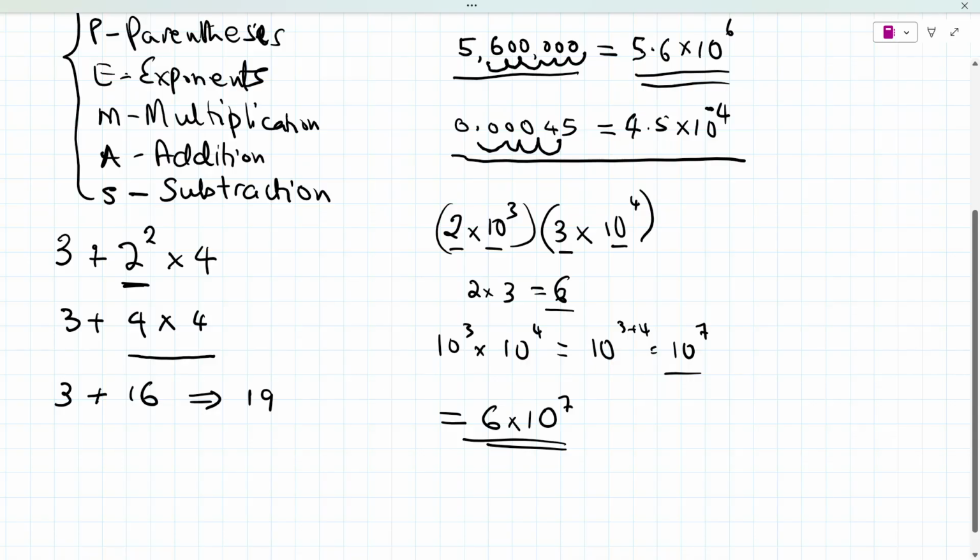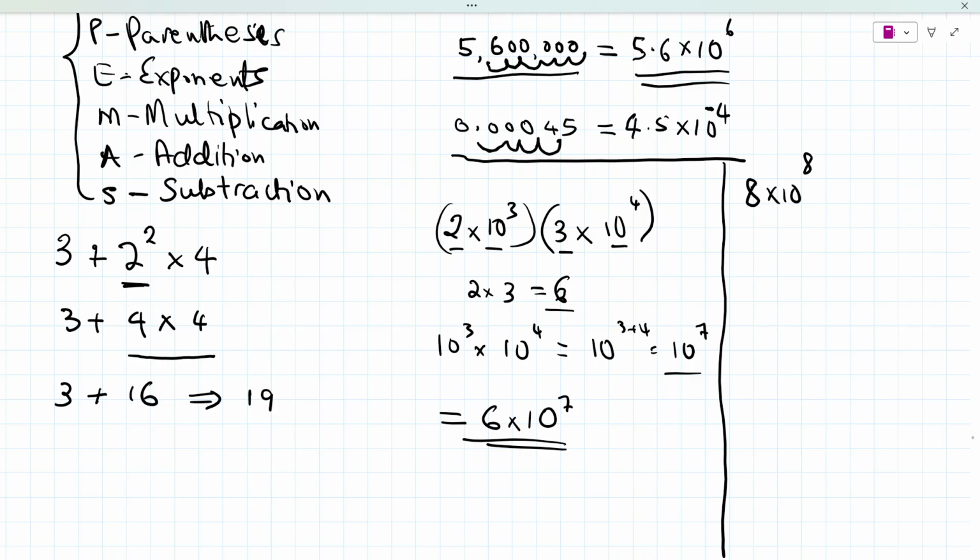Right. How about if we had a division problem? For example, 8 multiplied by 10 to the power 8, and this is being divided by 2 times 10 to the power 2. We have to divide the numbers 8 and 2. So 8 divided by 2 will give us 4.